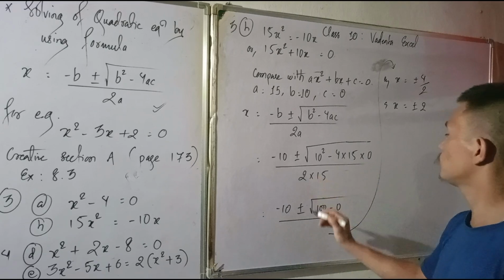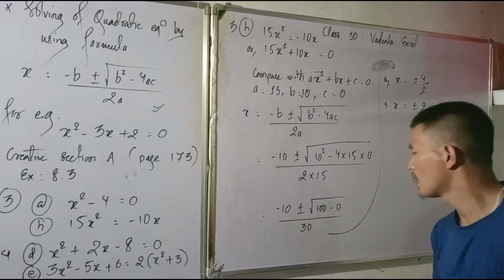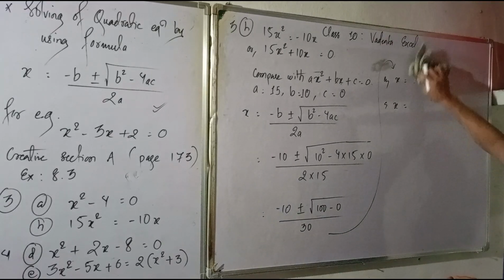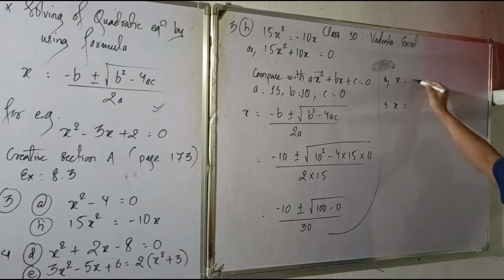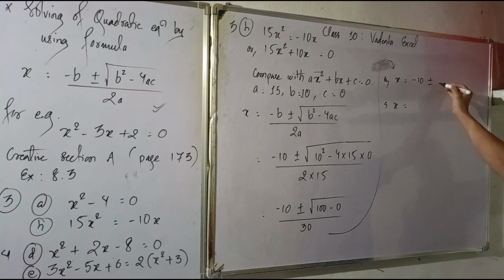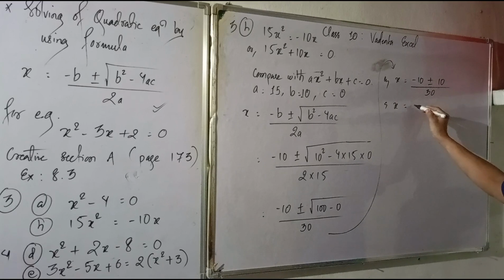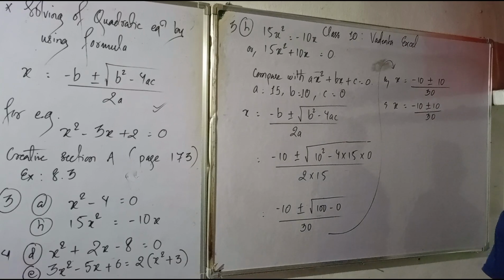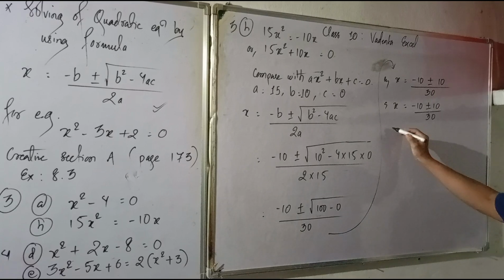Minus 10 plus minus, now this becomes 100 minus 0, divided by 2 times 15, which is 30. So minus 10 plus minus 10 divided by 30.